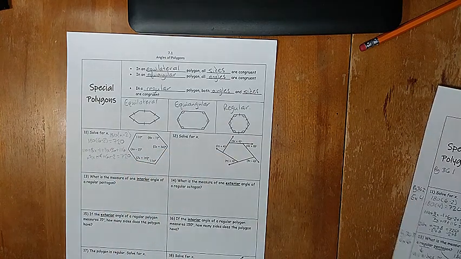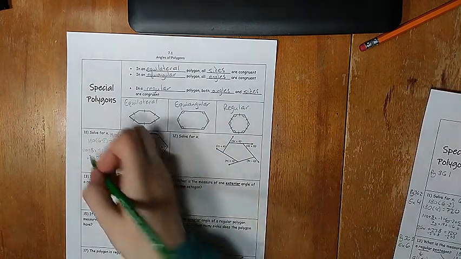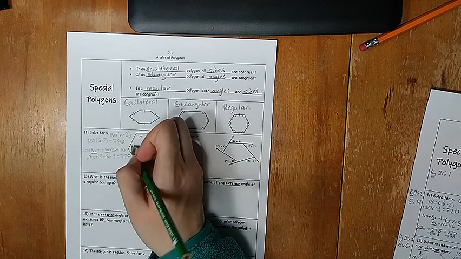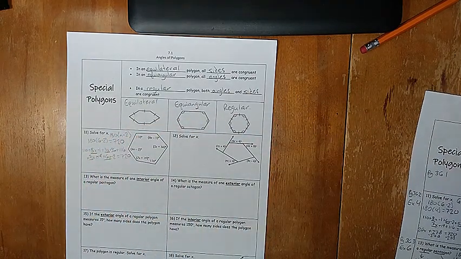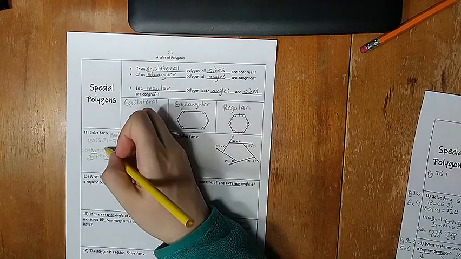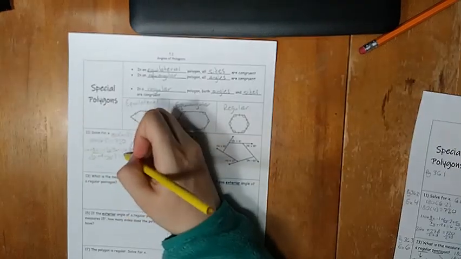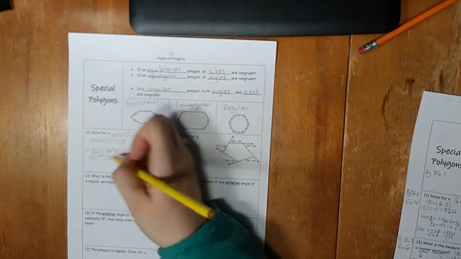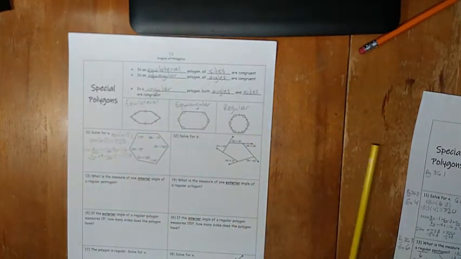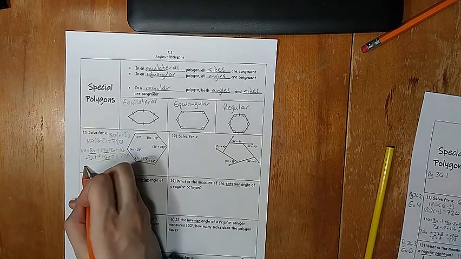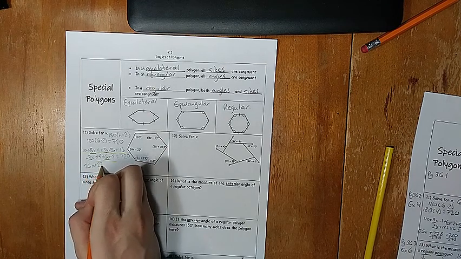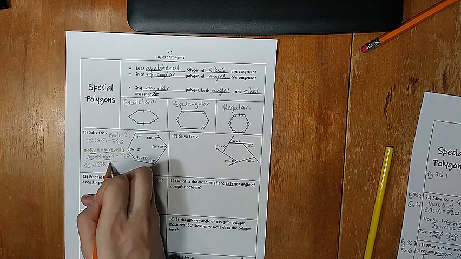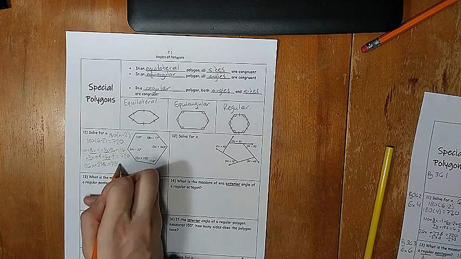I'm going to color code these so I can combine my like terms. So I have an x here, and here, and here, and here, which means I can take 110 minus 1 minus 36 plus 116 plus 19 minus 2. So when I do that, I end up with 26x plus 278 is equal to 720.